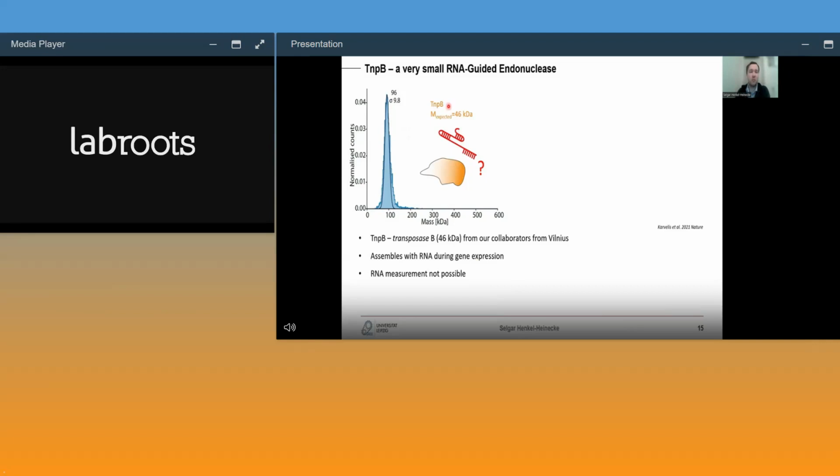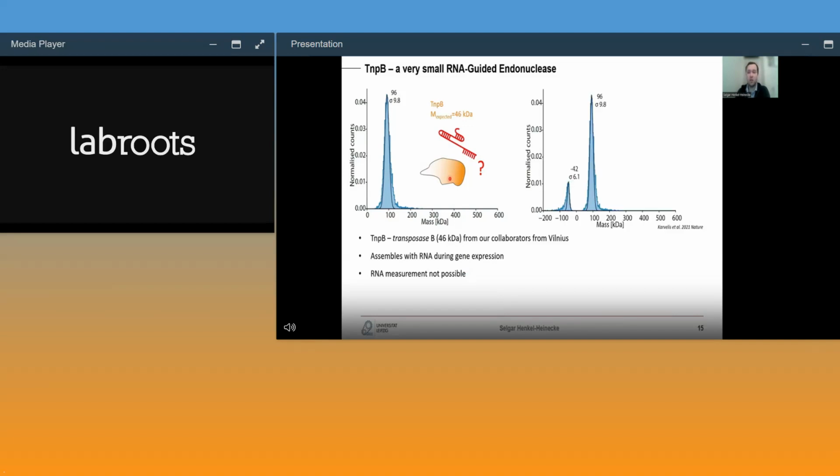We had an expected or calculated mass of the protein itself, but our collaborators also wanted to know what the complex composition is. And so an RNA measurement was not possible, and also, of course, there was no possibility to measure the protein itself.